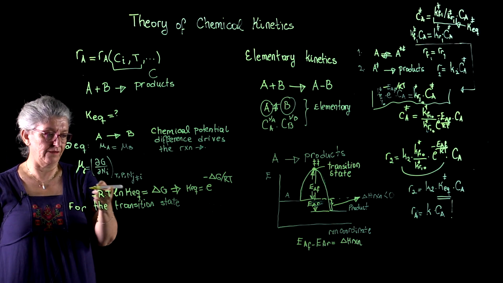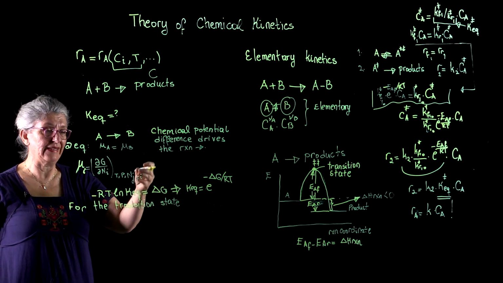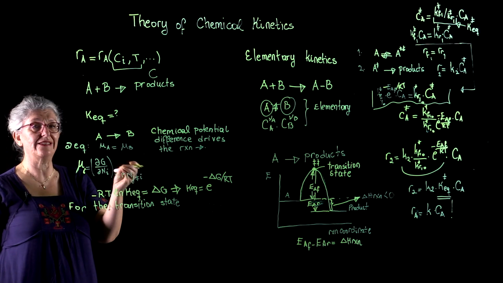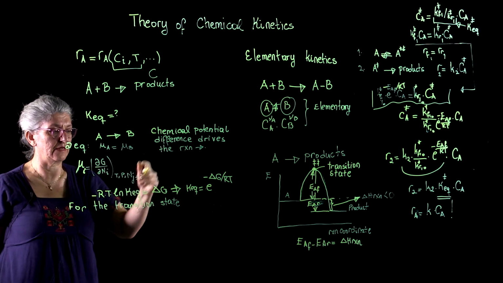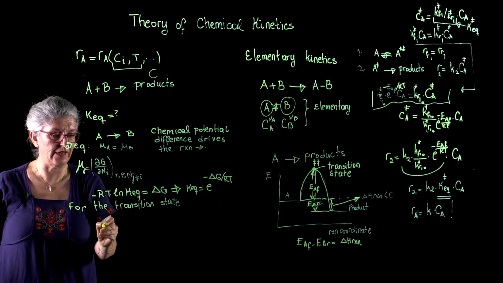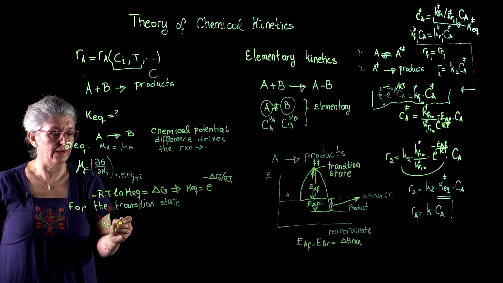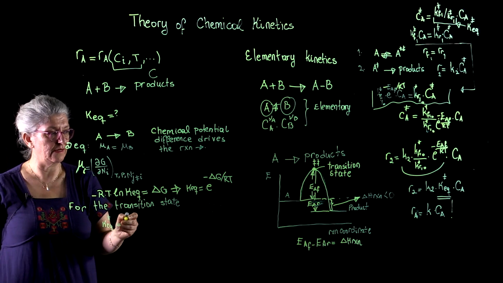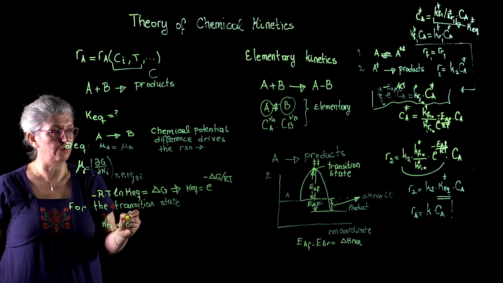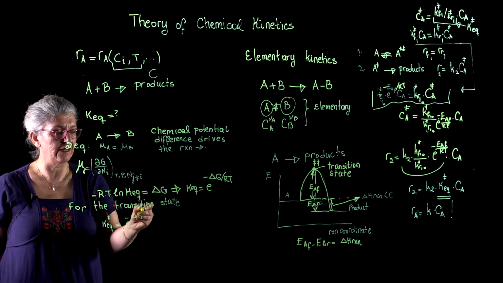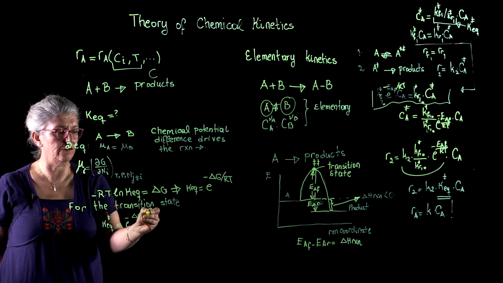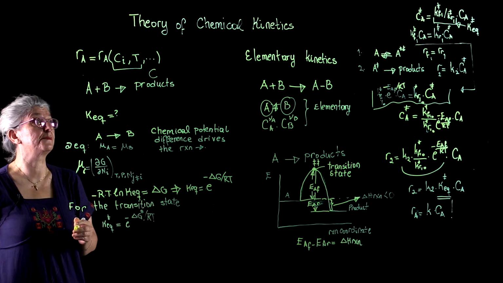So I can write this for any reaction. I can write this for the reaction that takes my reactant to its transition state also. So I have K equilibrium going to the transition state is going to be equal to e to the minus delta G of the transition state over R times T.